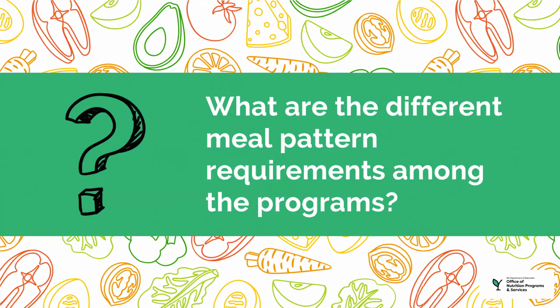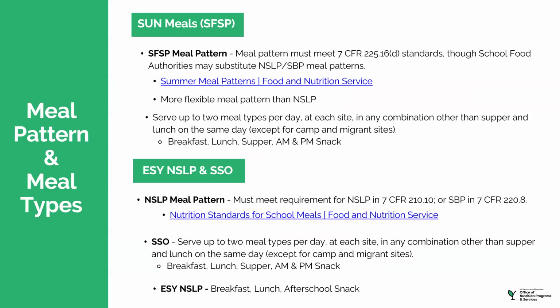And so what are the different meal pattern requirements among the programs? SFSP sites must follow the SFSP meal pattern, but they may substitute the NSLP or SBP meal pattern. The SFSP meal pattern is a bit more flexible than the NSLP meal pattern.